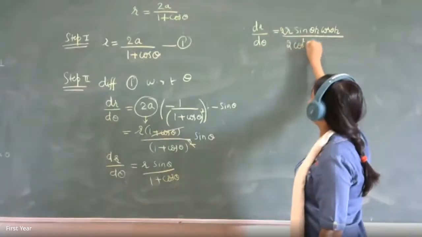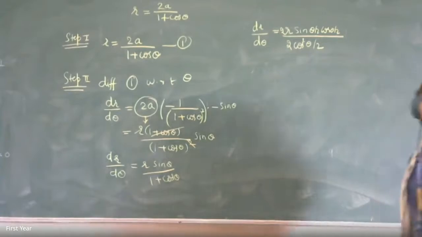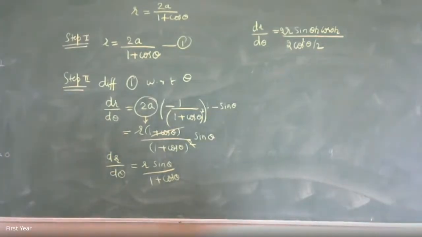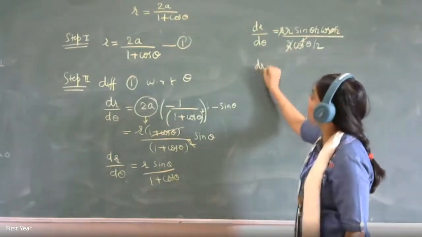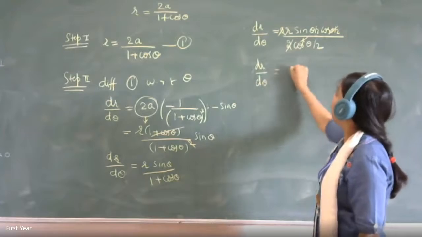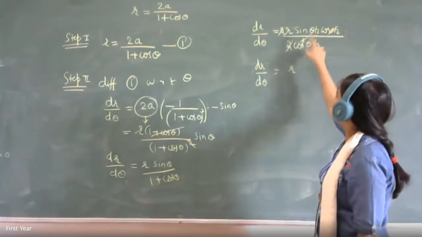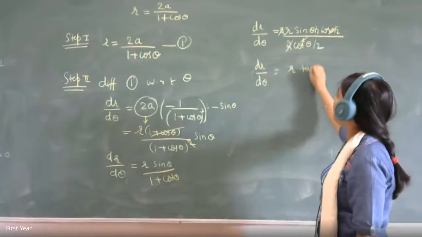Just check. Cos square. So it is 2 cos square theta by 2. Be very sure: whenever it is plus, it is cos, and whenever it is minus, it is sin. So one cos term will get cancelled, 2 will get cancelled. So dr by d theta turns out to be r sin theta by 2 over cos theta by 2, which is r tan theta by 2.